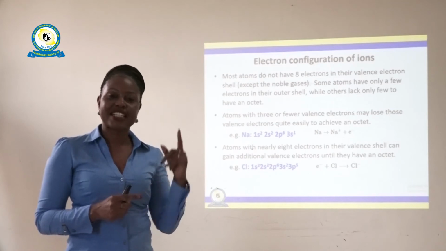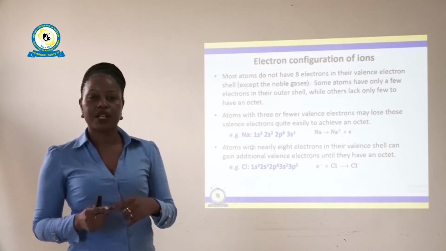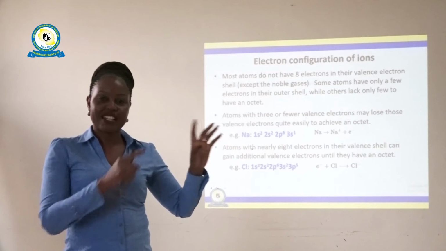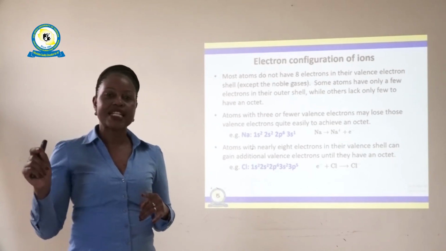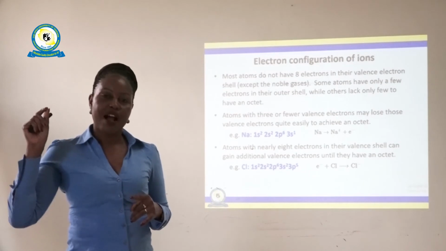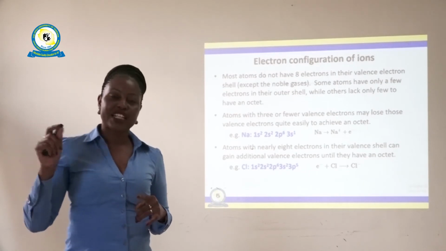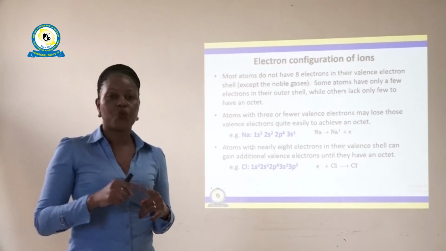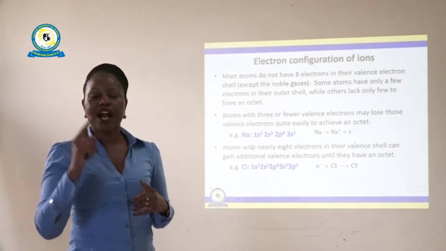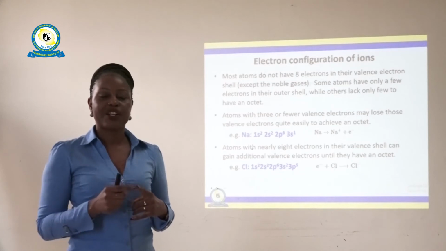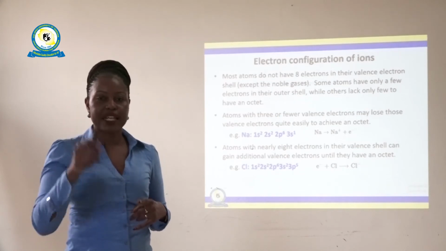So there are 7 electrons in the outermost shell, with 10 in the other shells. So for chlorine to achieve the inert gas configuration, it will have only to gain 1 electron. And in doing so, the chlorine atom now will become a chlorine ion with a negative charge.